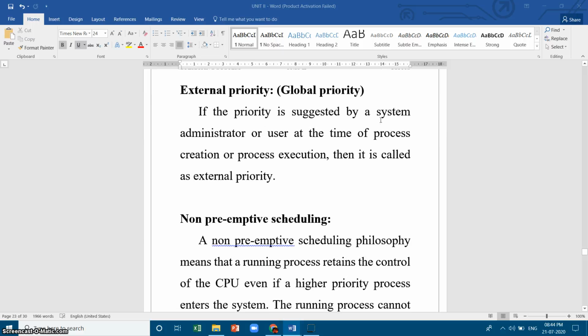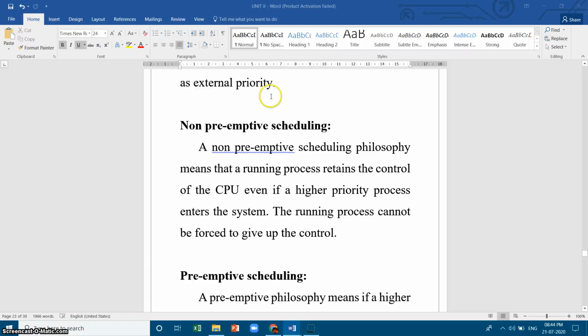The next one, we have seen this already: non-preemptive scheduling and preemptive scheduling. What is non-preemptive scheduling? If you have a lower priority process running, and a higher priority process comes and requests the CPU, the CPU will not be given. That is called non-preemptive scheduling.